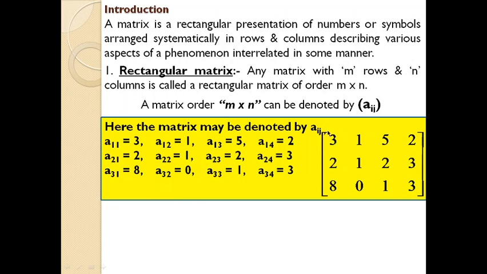And here the first element, instead of saying first element, we use a specific notation like A subscript 1 1. And what is the meaning of A subscript 1 1? A represents the variable which represents whatever element is present in that matrix. And A11, remember you have to say A one one, not A eleven, because 1 and 1 represent different items. Here A, the first one represents row.